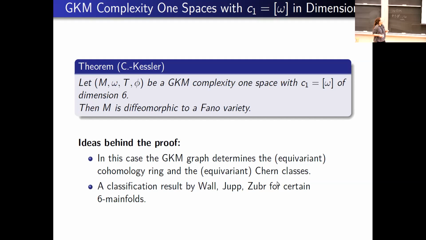So when we have an isomorphism between the GKM graphs of such spaces, then this induces an isomorphism between the cohomology rings, which maps the Chern classes of the one to the other one. And with this, we are using a very classical result by Wall and Jupp for certain 6-manifolds, which implies that under this consideration, these spaces are diffeomorphic.